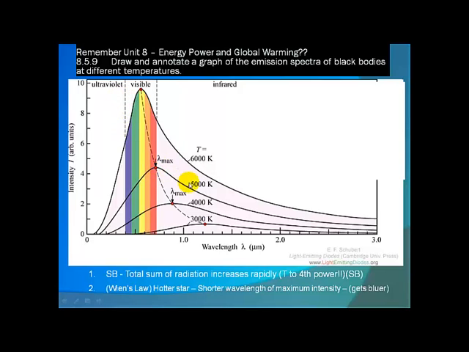For example, when we have a 3000 Kelvin body, the wavelength of maximum emission is going to be 1.2 micrometers. When you have a body which is 6000 Kelvin like our Sun, it's going to be 0.5, 0.6 micrometers. So the higher the temperature, the shorter the wavelength.